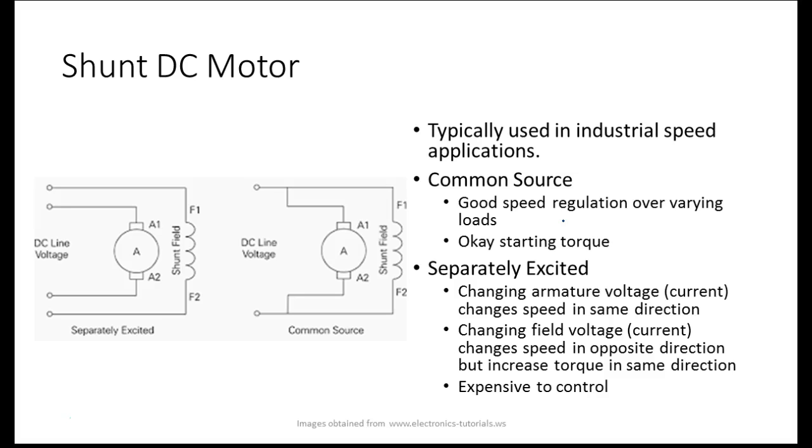But if torque goes up, speed goes down, which is kind of strange. So if I increase the strength of the field, the speed goes down. If I decrease the strength of the field, the speed goes up. And this is why if you open that sucker up, if there's any residual magnetism in there at all, which there's going to be, then these motors will run away on you.